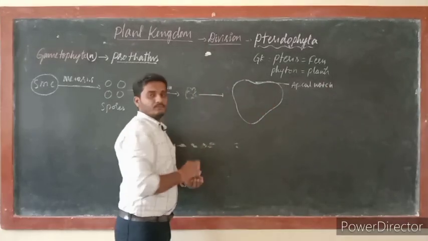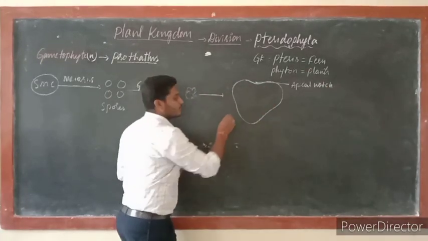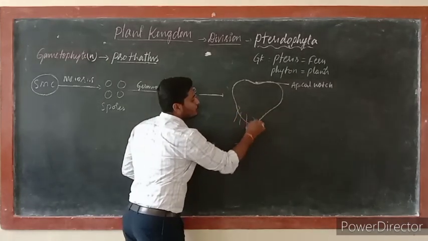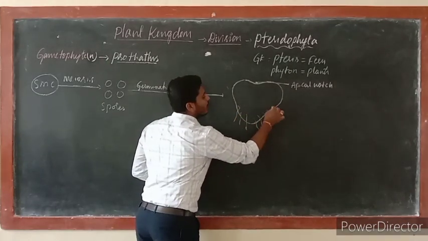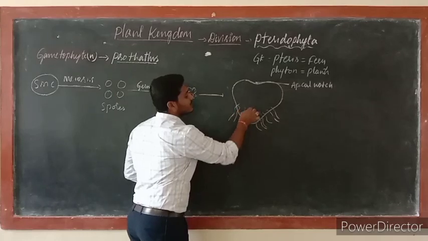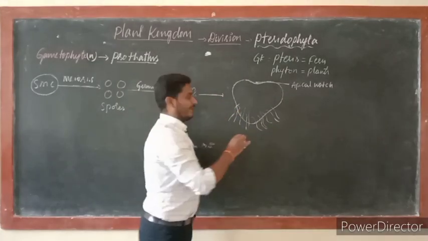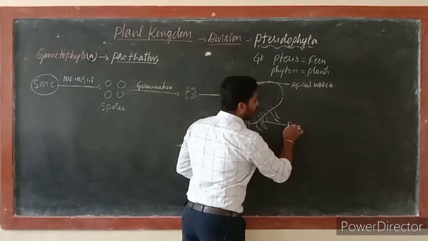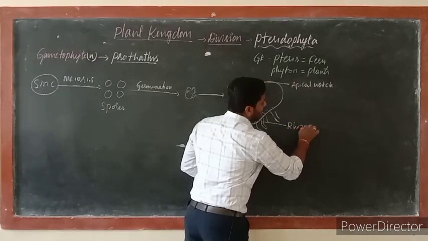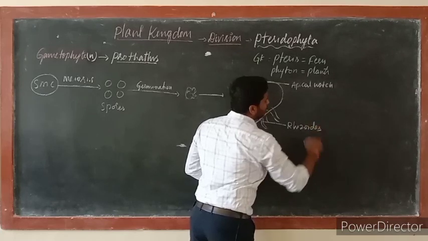Towards the lower surface of the prothallus, it produces minute unicellular hair-like structures. These are called rhizoids.